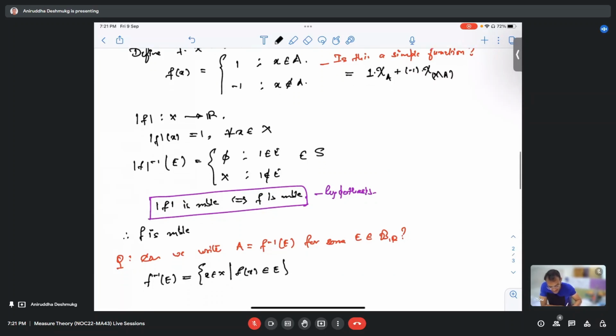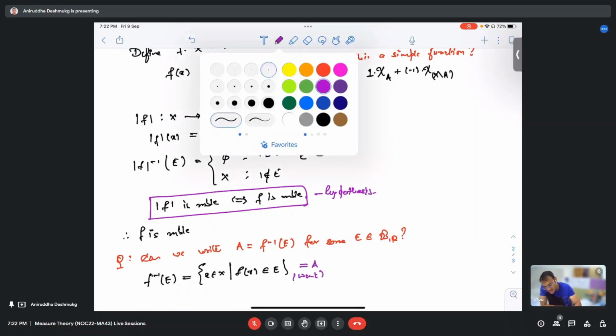Now, this f(x) can take only two values, either 1 or minus 1, right? Now, if I want this to be A, what does it mean?